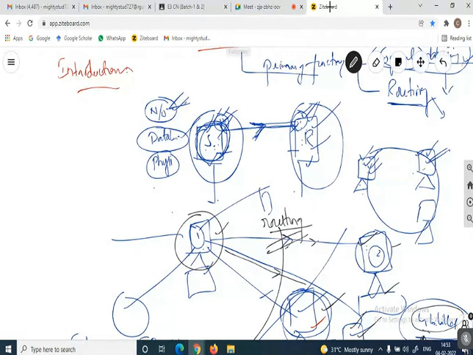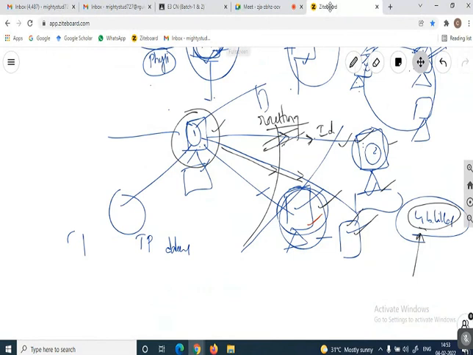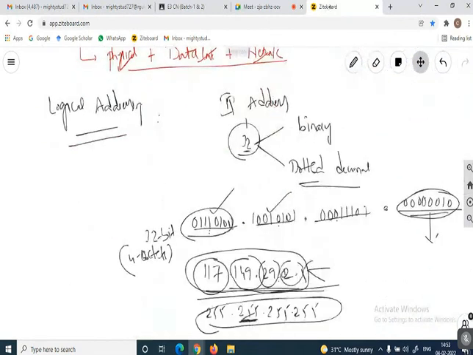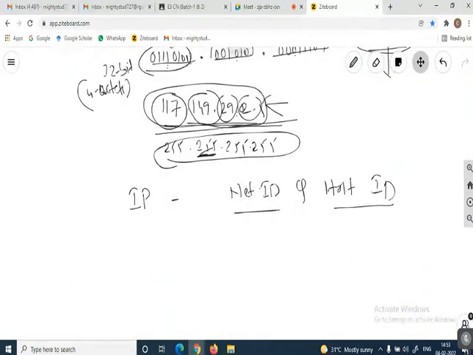Through this path I communicate, and for communicating with another device I provide another path, which is also called a network ID. But the amount of network ID and host ID varies depending upon the representation of IP addresses. We have a different classification.